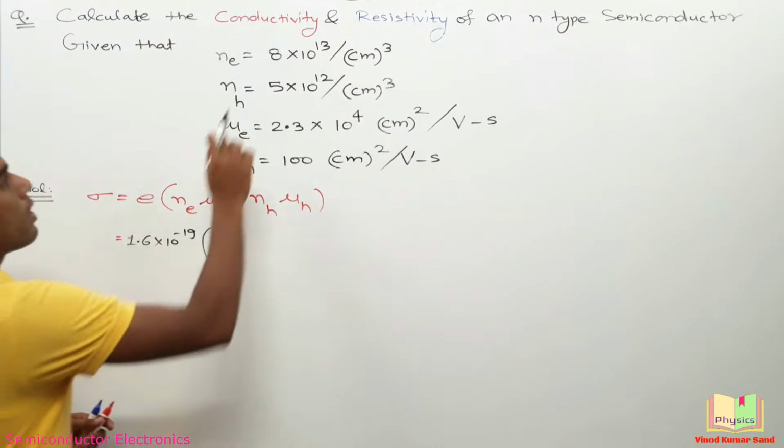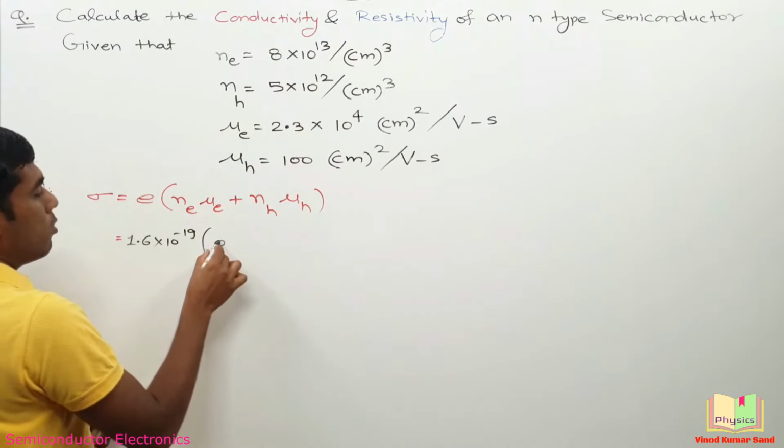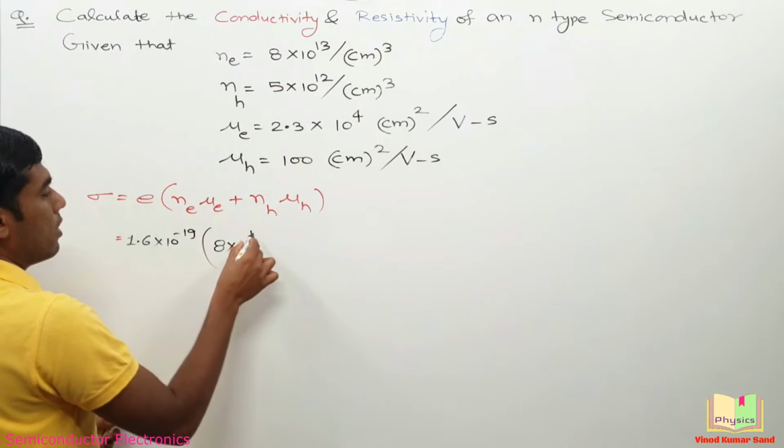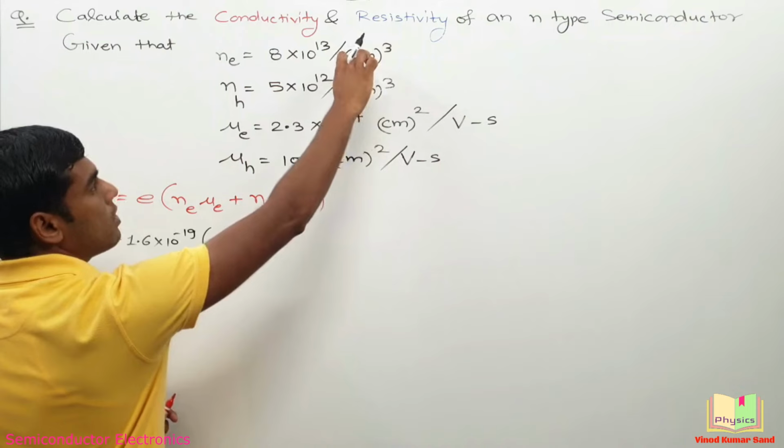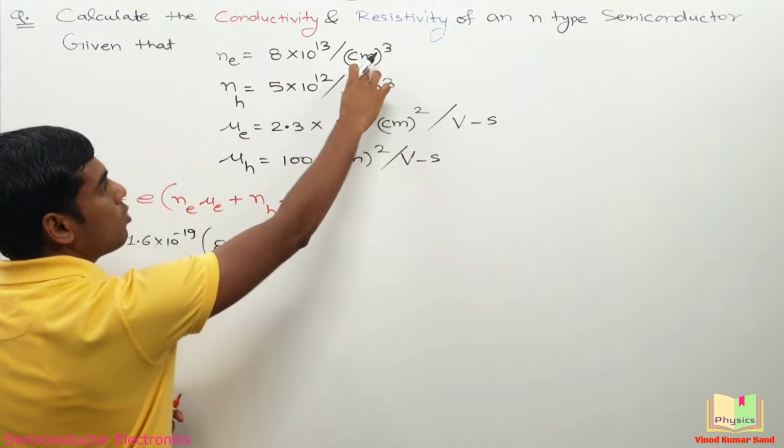Ne is 8 into 10 to power 13. Here is centimeter cube. We will convert this data into the meter cube.